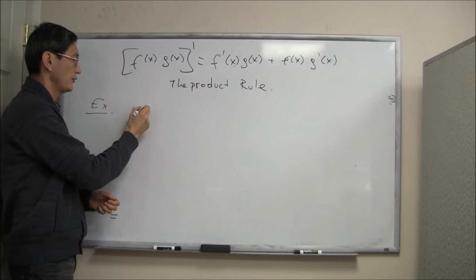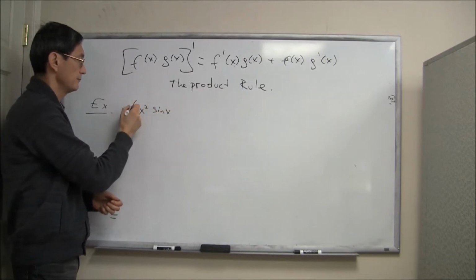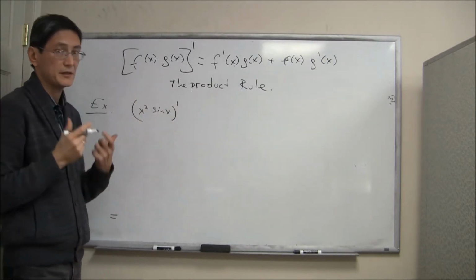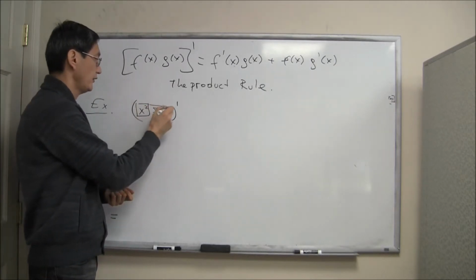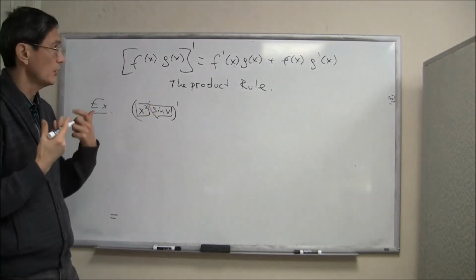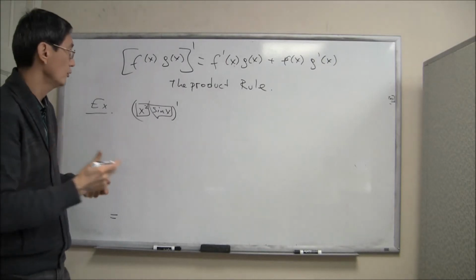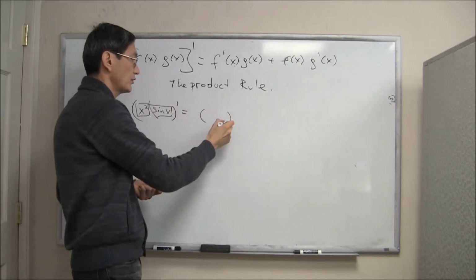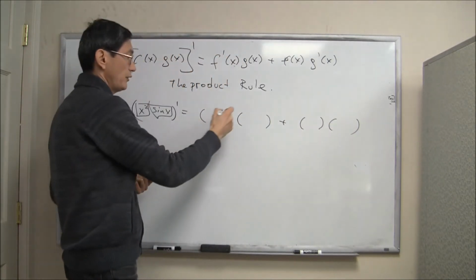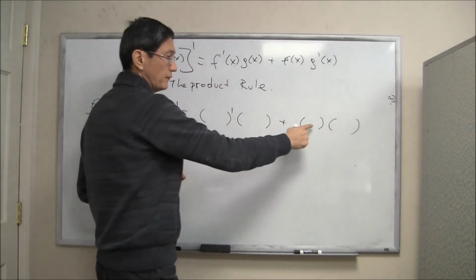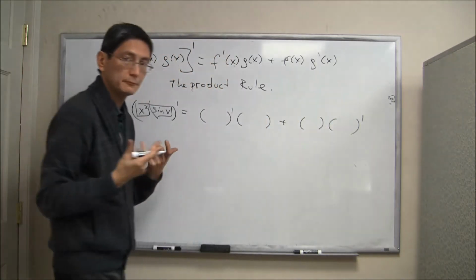Say we want to take the derivative of x squared times sin x. I see a product of 2 functions: the first function is x squared, the second function is sin x. So I'm going to use my product rule. My scheme for the product rule is derivative of first times second plus first times derivative of second.